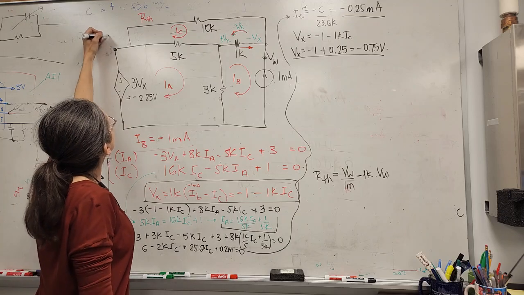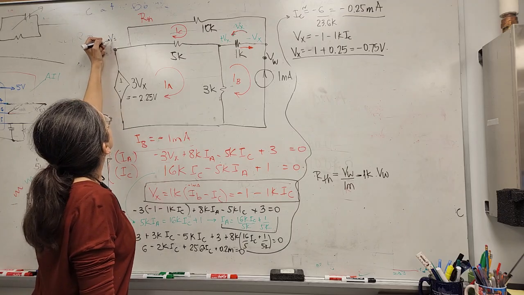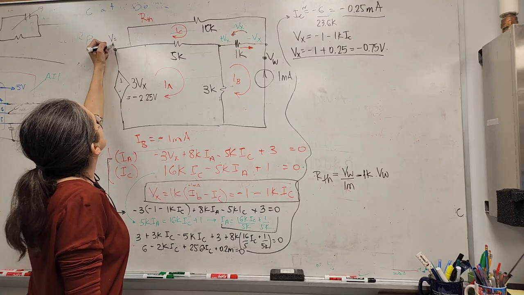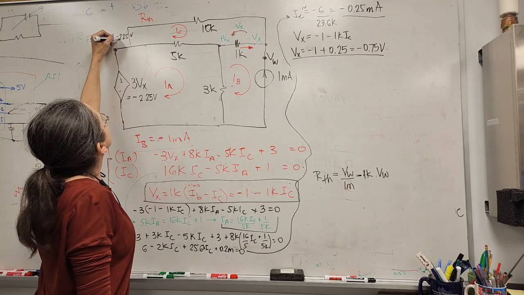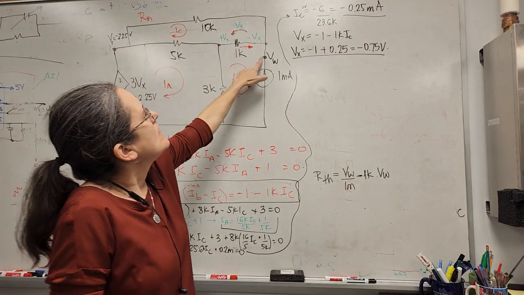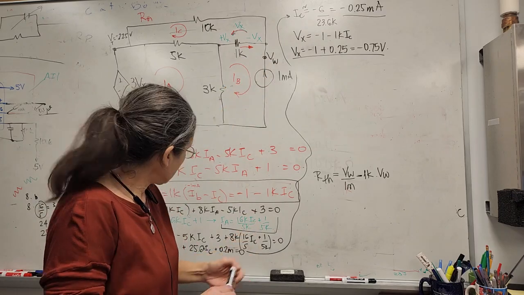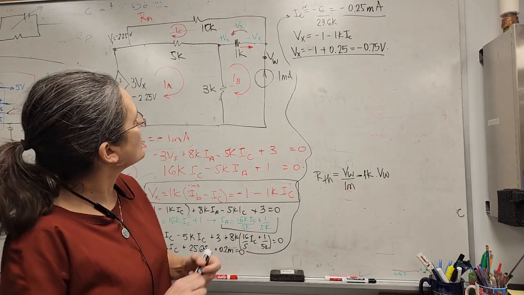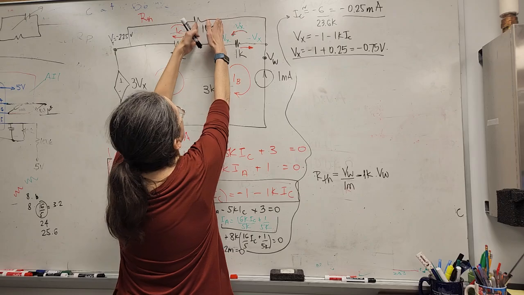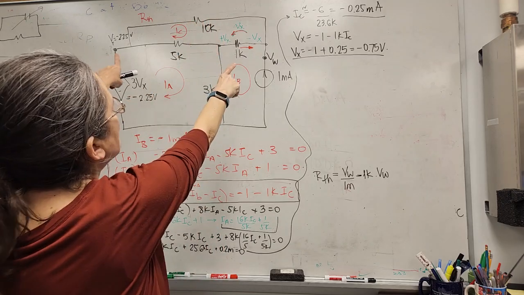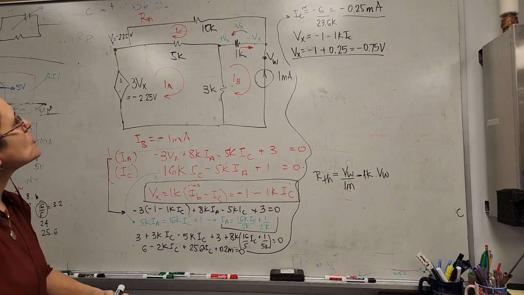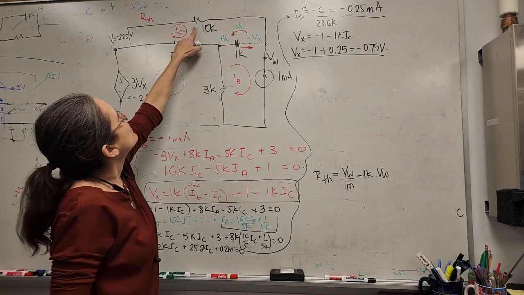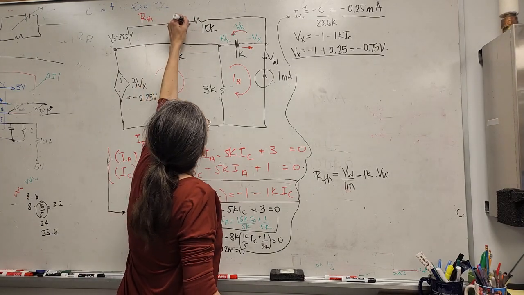So here, this voltage here, VT, is minus 2.25 volts. And therefore, now I can find VW by using Ohm's law again. So you see this 10 kilo ohm resistor here is exactly between the minus 2.25 and VW. So I'm going to write this Ohm's law, assuming that IC is going here.